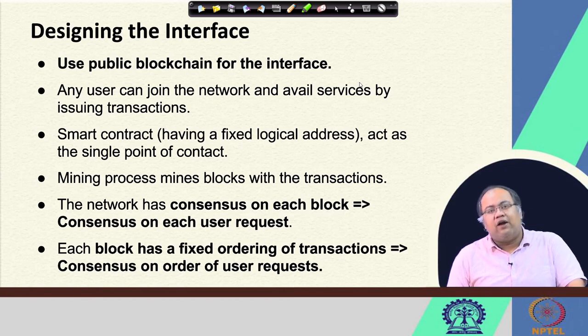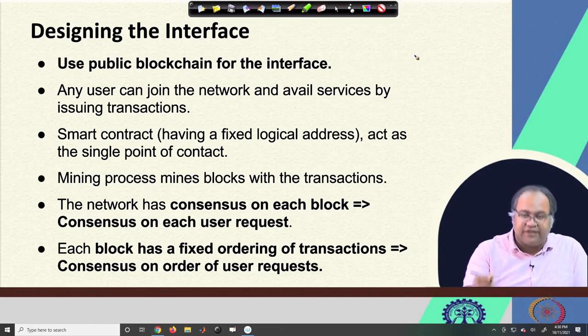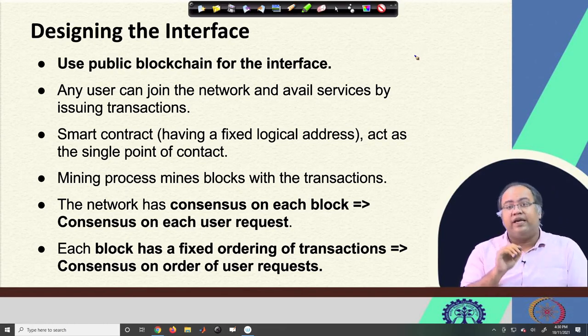Now, let us think about how we can design this interface, the interface between the users and the service providers. So, I have two different users. As I mentioned earlier, we need to think about the network.